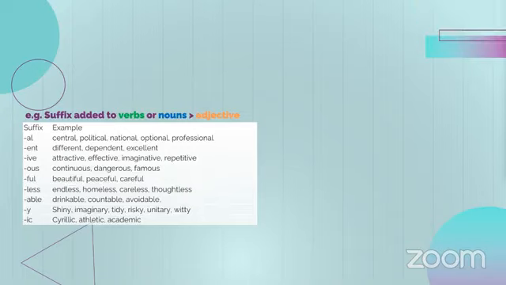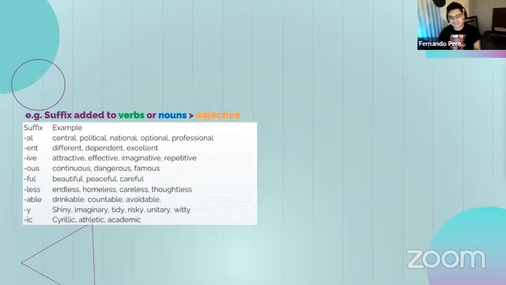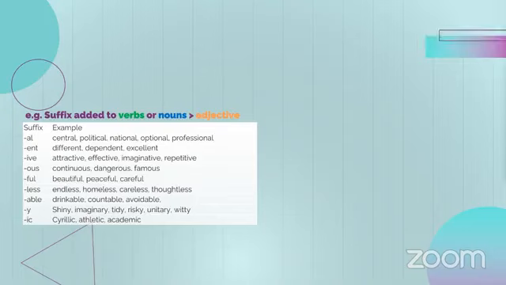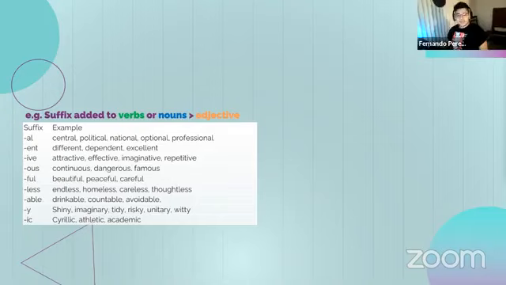Thank you. Very good. Next, Jimena, suffix y. Shiny, imaginary, tidy, risky, unitary, and witty. The double t is strong.